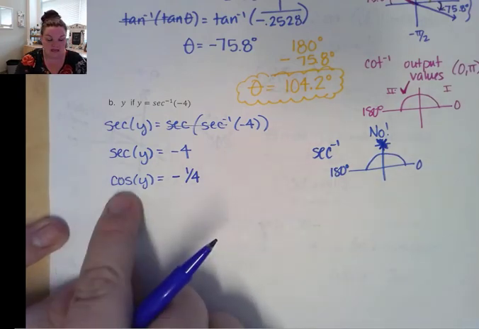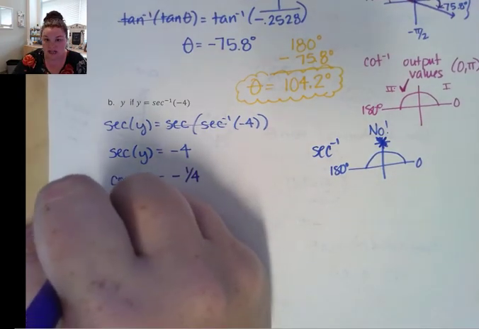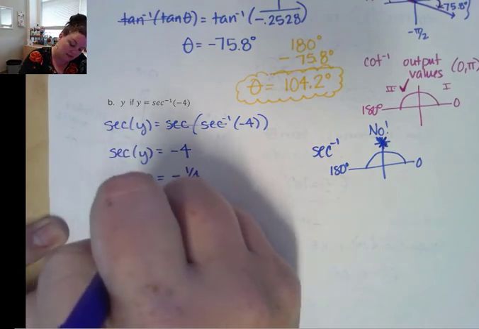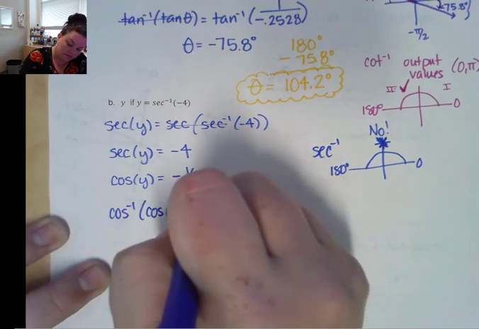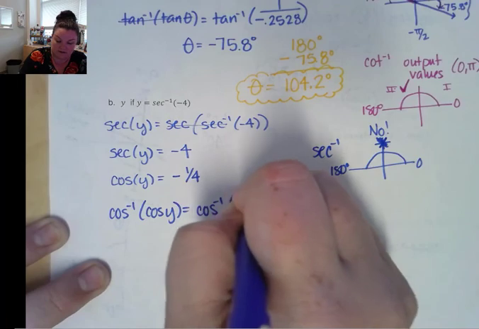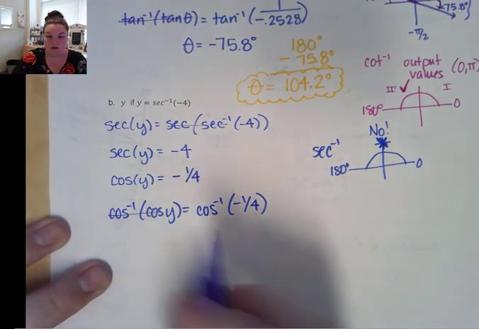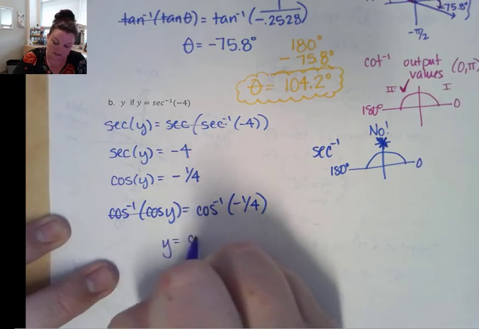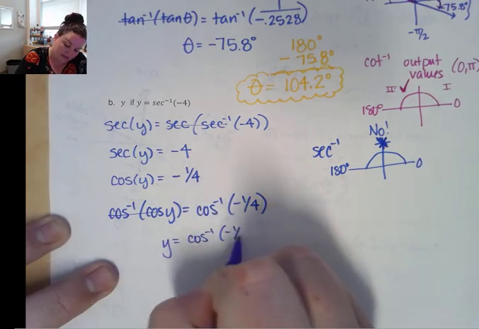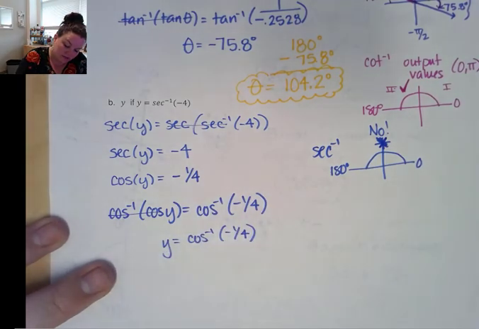And now we can take the cosine inverse of both sides. So cosine inverse of cosine y is equal to cosine inverse of -1/4. So those cancel, and we get y is equal to cosine inverse of -1/4.